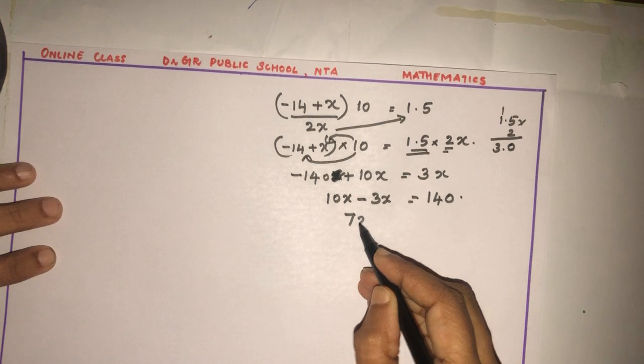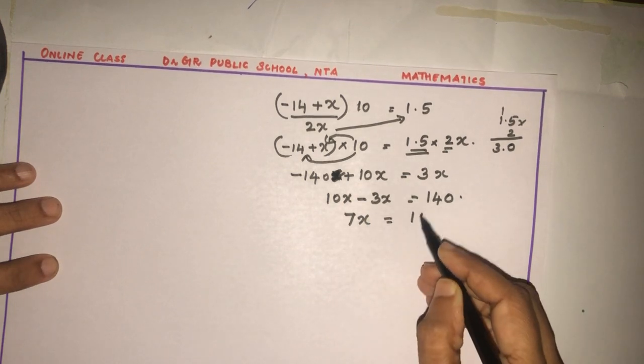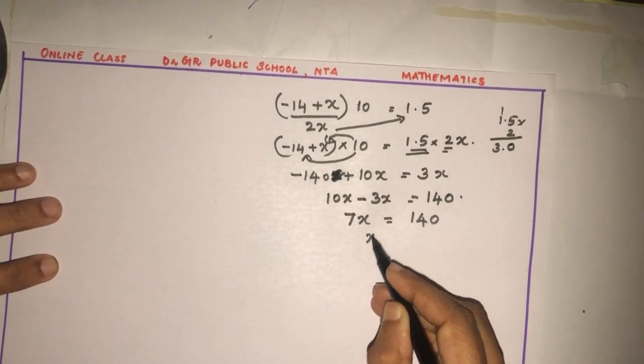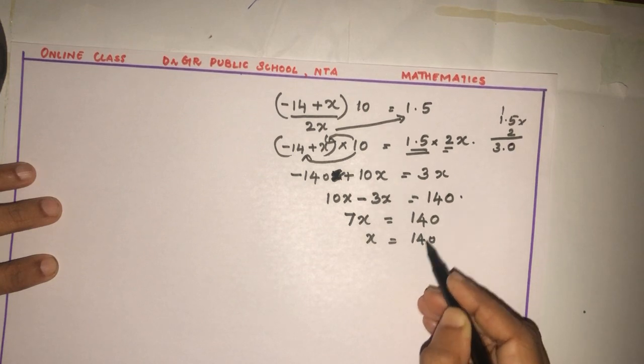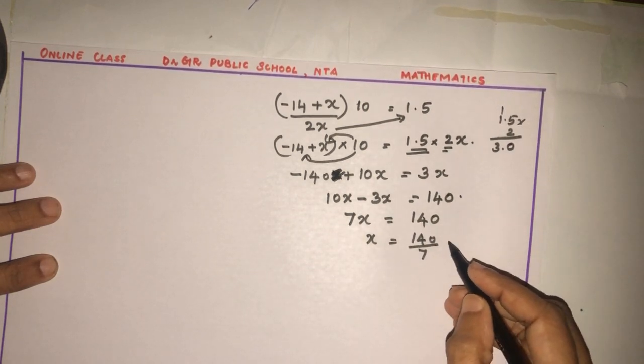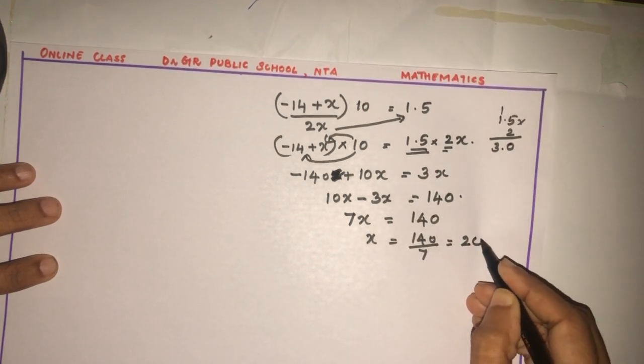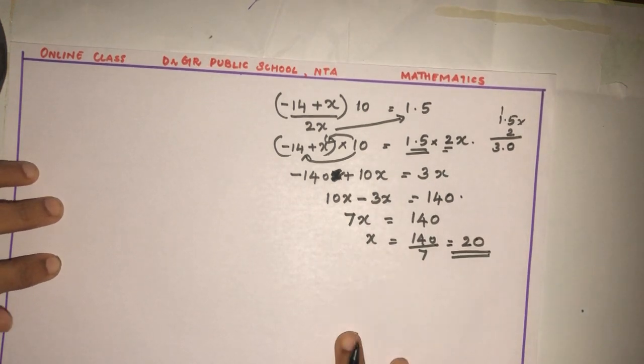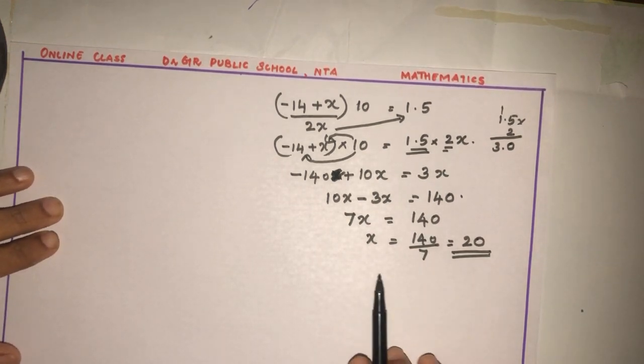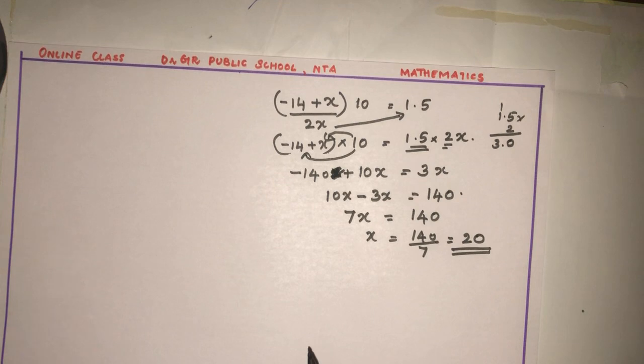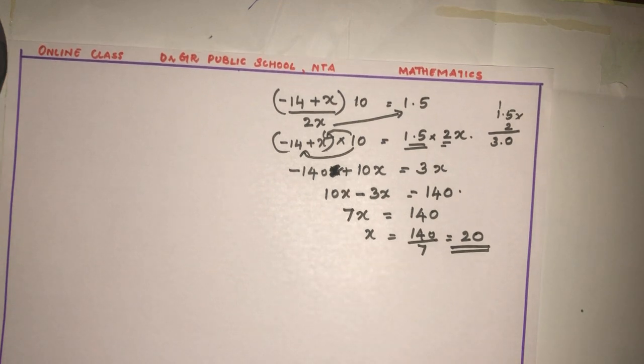So 7x equal to 140, x equal to 140 by 7, that is 20. So that is our missing frequency. The value of the missing frequency is 20. Is it clear children? Go through the video 2 or 3 times to get the simplification method.